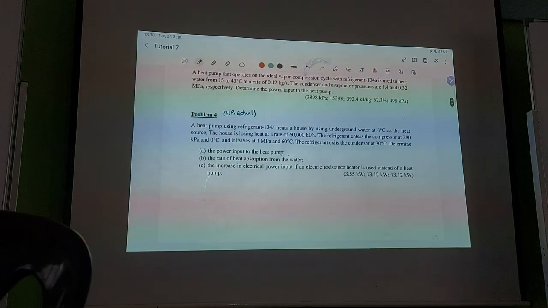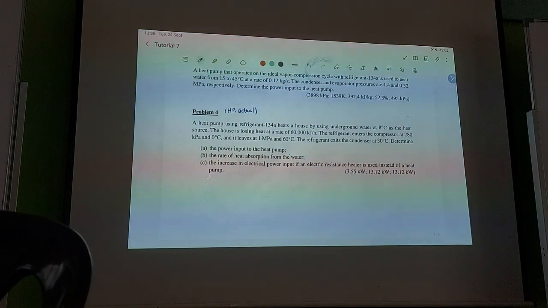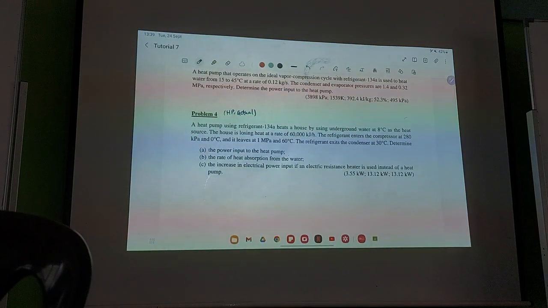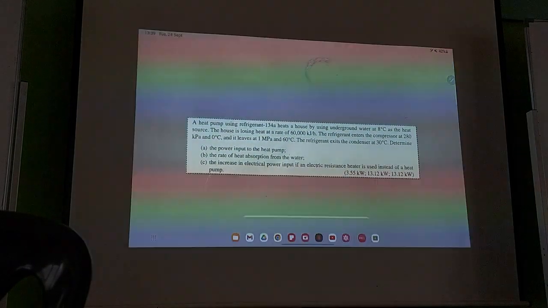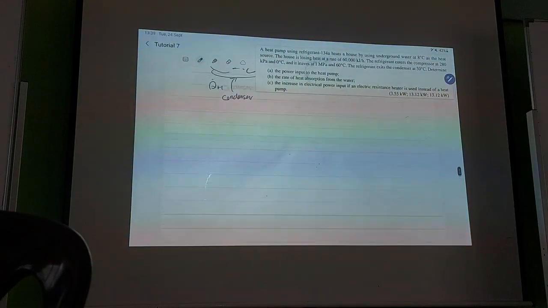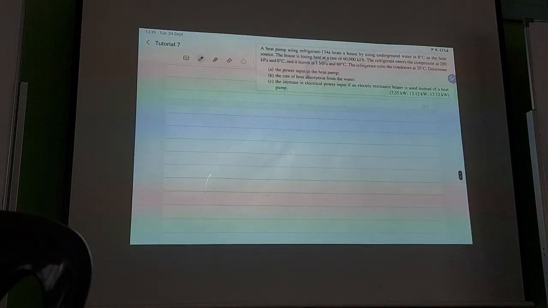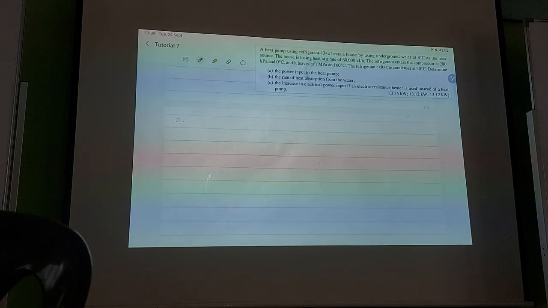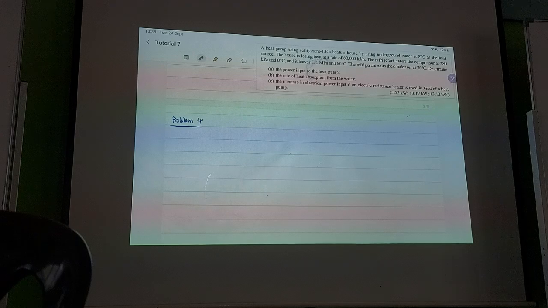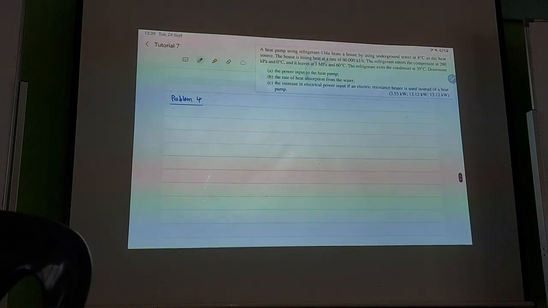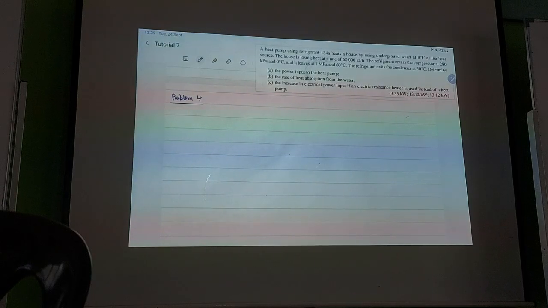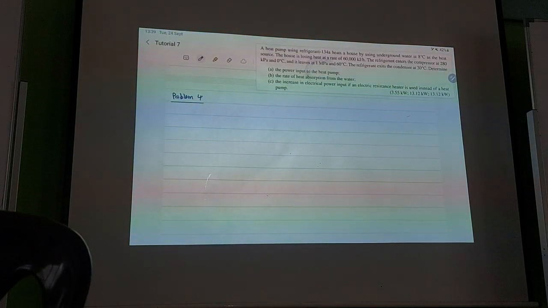Okay, so problem 4 is another actual question, but this time it's a heat pump. So let's take the question. A heat pump using R134A heats a house by using underground water at 8 degrees Celsius as the heat source.